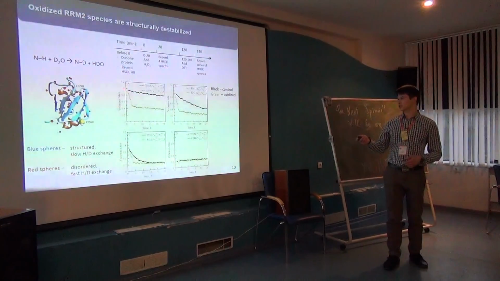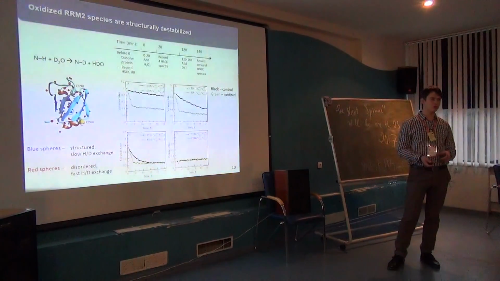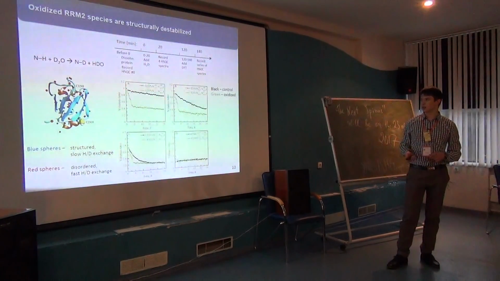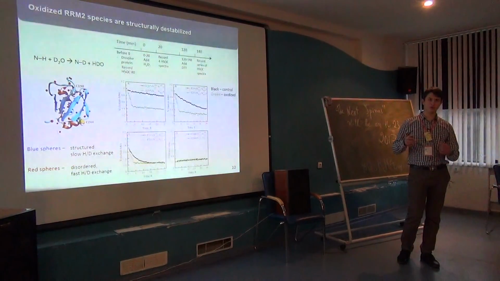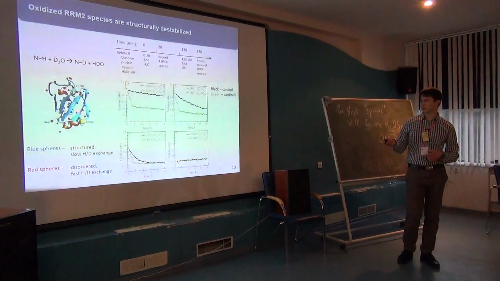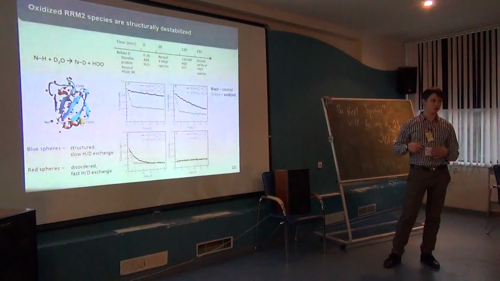But in the case of the oxidized sample, during the oxidation period, the first 2 hours, we observe a steep decay of intensity. It is explained by the fact that the protein is structurally destabilized. These hydrogen bonds are disrupted, and deuterium can penetrate into the protein structure.